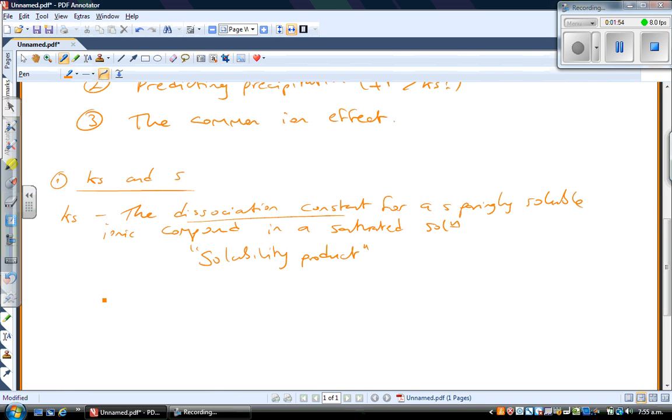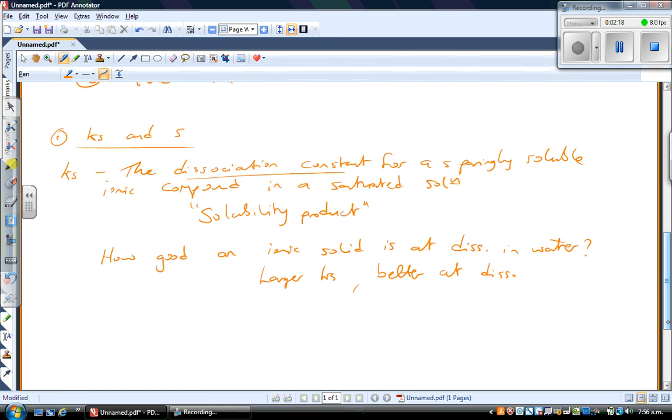In simple terms, it's a measure of how good an ionic solid is at dissociating in water. How good is it at dissociating? So the larger the Ks, the better at dissolving or dissociating. But the larger the Ks, the quicker it dissolves in water.